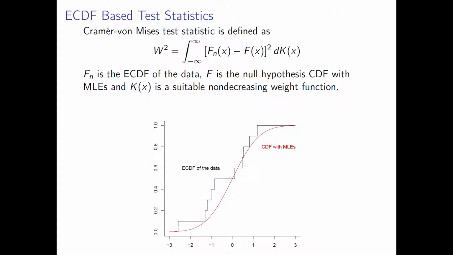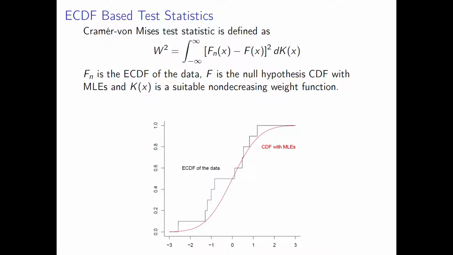It's defined as an integral over the whole real line, and we look at the difference between the empirical cumulative distribution function of the data and the theoretical distribution function, which we have chosen from P with the maximum likelihood estimators. This is a quadratic test statistic, which means that we are squaring the distance.